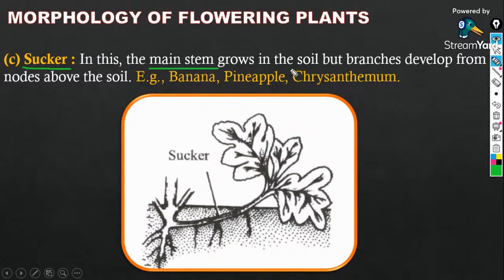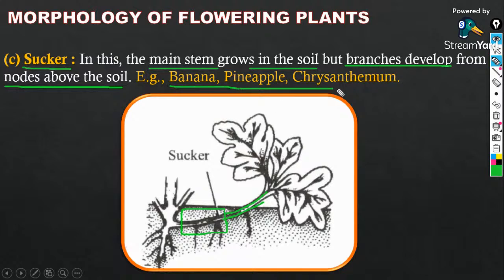Here the main stem grows in the soil but branches develop from the nodes above the soil. Guys, the main stem will be present below the soil itself, but from one of the nodes, a new plant would be arising.